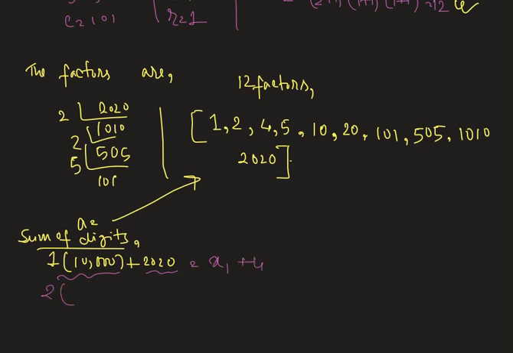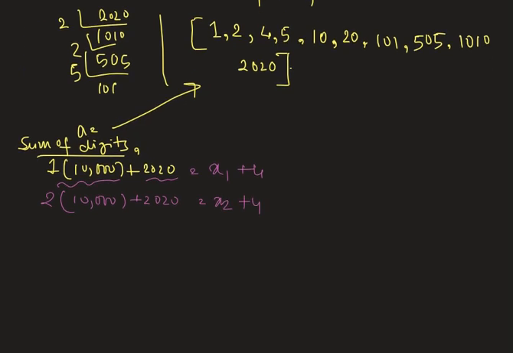For the value of 2 we get, suppose, x2 plus 4, and proceeding in this way we have 2020 multiplied by 10,000 plus 2020, which equals x12 plus 4.